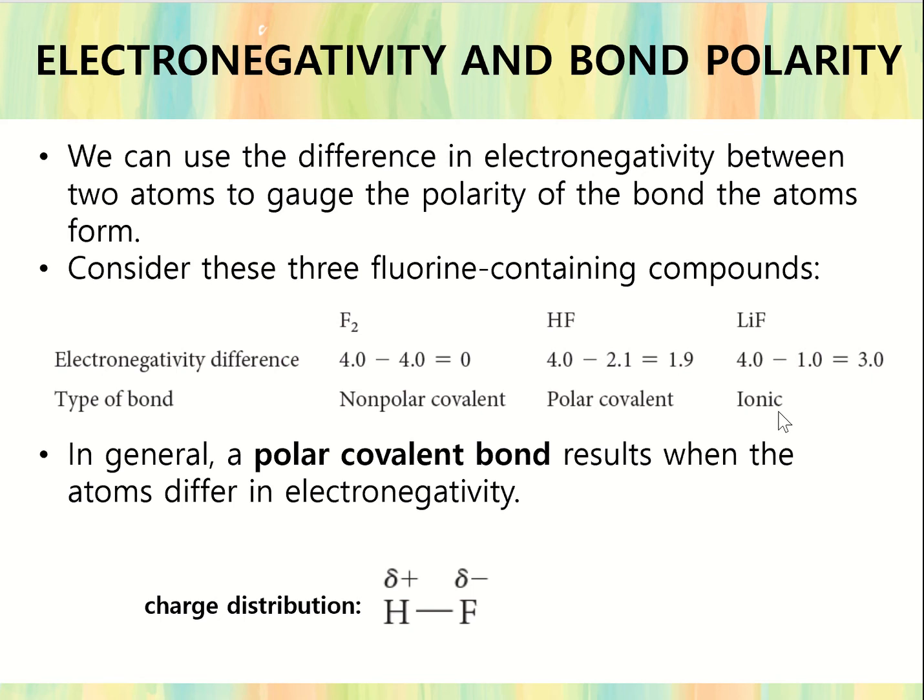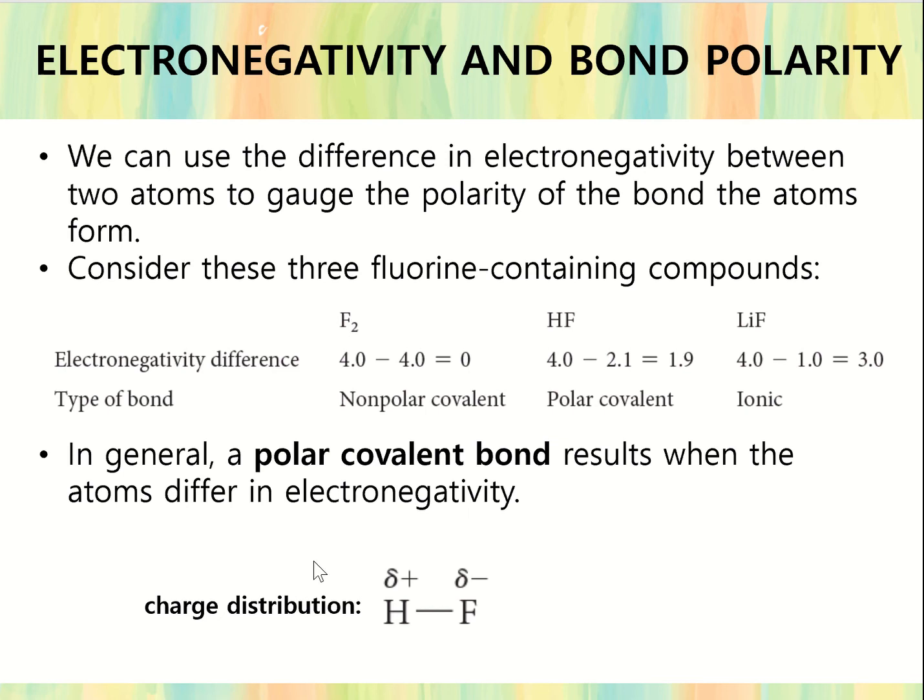For it to be nonpolar covalent, there is no difference in electronegativity, right? In general, a polar covalent bond results when the atoms differ in electronegativity. We may not be able to decipher if it's ionic or polar covalent, but we know for a fact that it's not nonpolar covalent once we have a difference in electronegativity between the atoms.